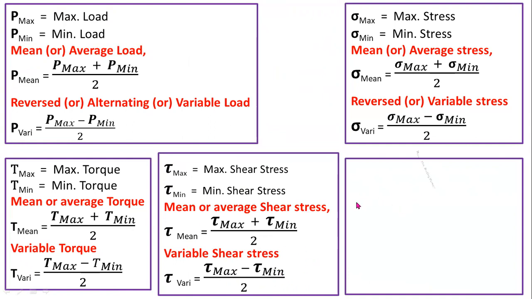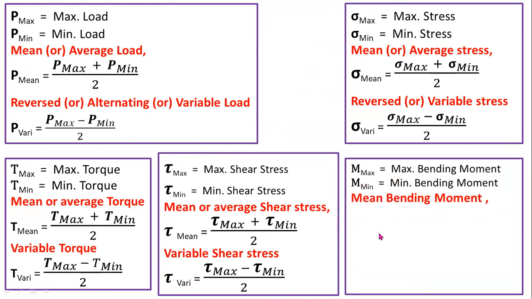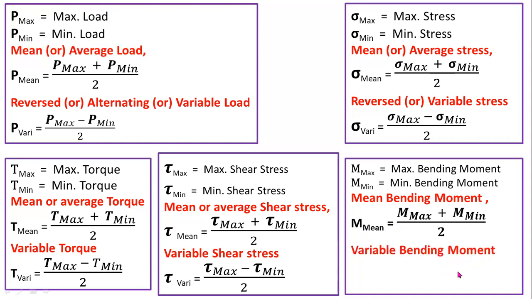For bending stresses, you have to calculate the bending moment M, which is very important for determining bending stresses. M max is the maximum bending moment and M minimum is the minimum bending moment. Mean bending moment equals maximum plus minimum bending moment by 2, and variable bending moment Mv equals maximum minus minimum bending moment by 2.